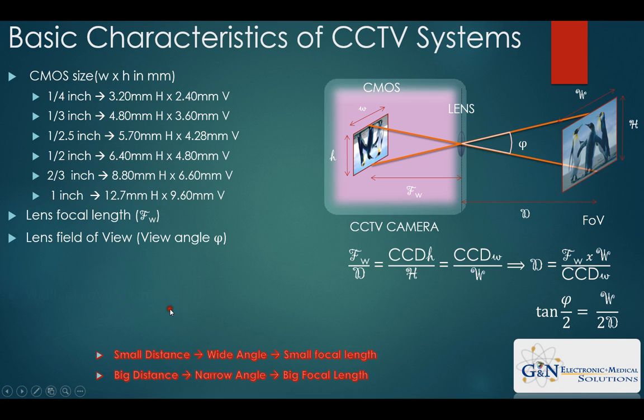And the angle of view, of course, has to do with the width of the field of view. So it's the width of the area that we wish to record, and the height of the field of view is the height that we wish to record. Usually when we are recording people, it's more or less the height of a common person, like 1.7 meters or 2 meters, except if we are tracking an area in which we wish to check the size or the plate of a truck or a car.